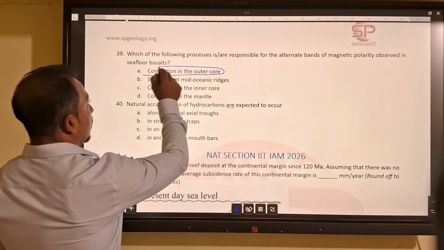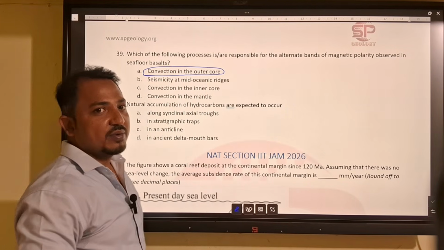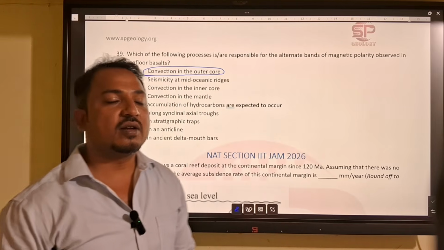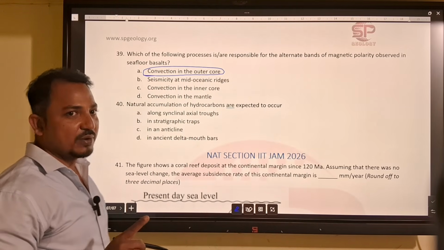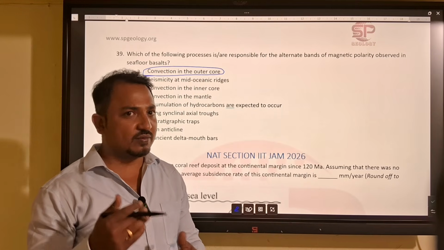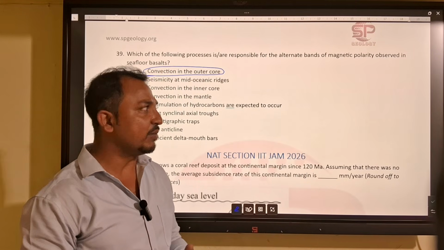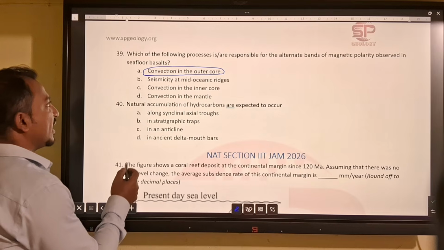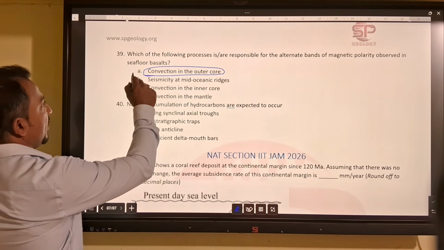The magnetic property develops within the earth because of convection within the outer core, and because of that we get magnetic polarity reversal over some years or time. So this will be correct.